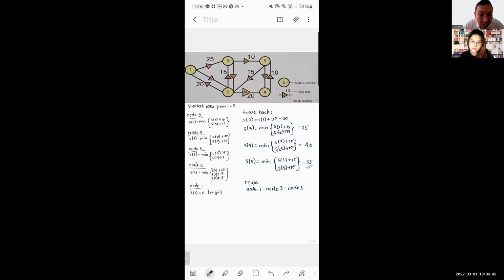Okay. My question: why S5? In S4, why the S5 plus 10 you remove? Because I just eliminate it because we still don't know the value of S5. I think because in the forward earlier, you already put there S5 earlier.